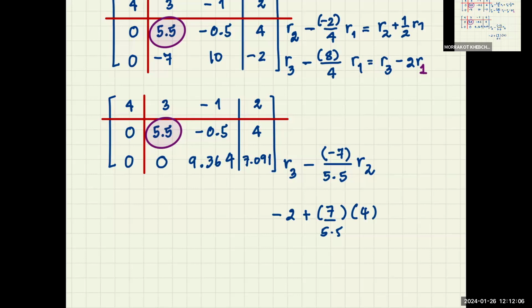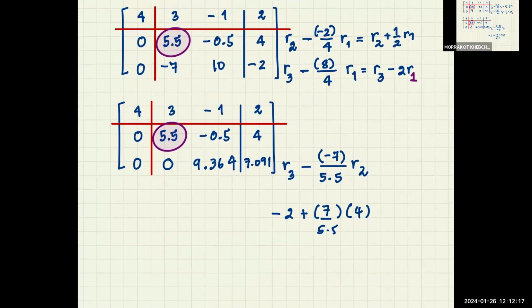And then you get the upper triangular matrix. Does it make sense? If you have the matrix like this, and make this one non-zero.